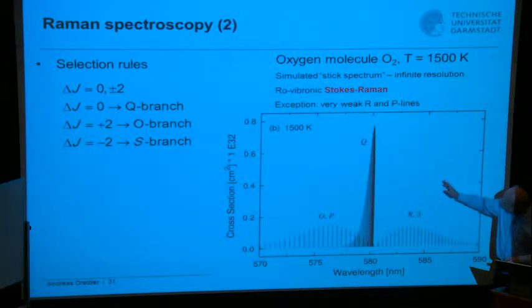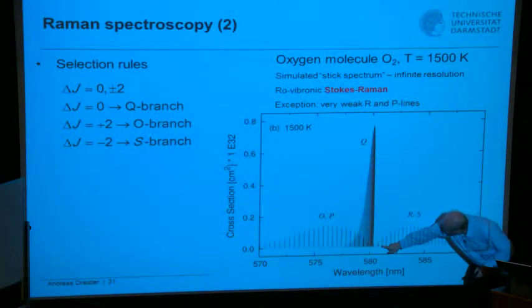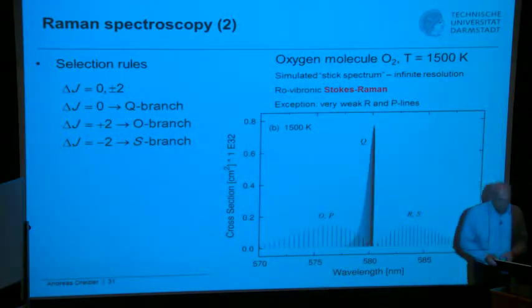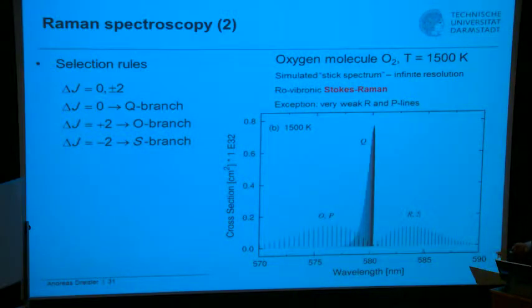It's only true for a few molecules like oxygen. These tiny things over here, these are a bit of R and a bit of P lines. For completeness, I have added them. So the selection rules are not completely true for O2. You have a little contribution as well from these P and R lines, but that's maybe a detail.